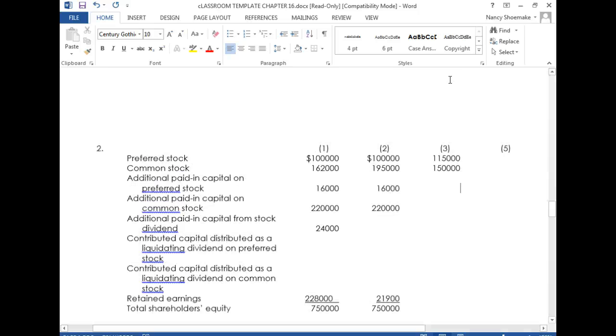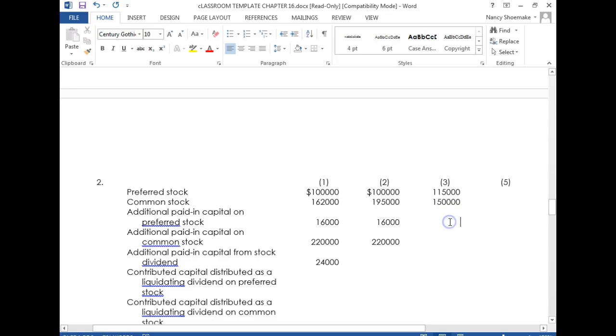We do. How much? $3,450 is the additional paid-in capital from stock dividends. It's basically coming in here, additional paid-in capital from stock dividends of $3,450.